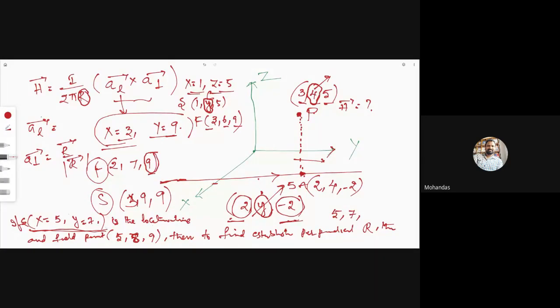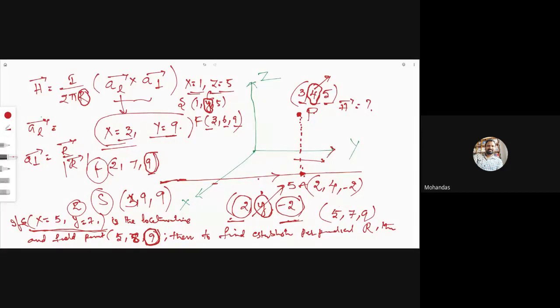Z is missing. Z is replaced by which value? Whatever the Z coordinate value in the field point, that should be replaced for Z. Now tell me the Z value here. 9, sir. So note these 2 points, then we can solve this problem very easily.